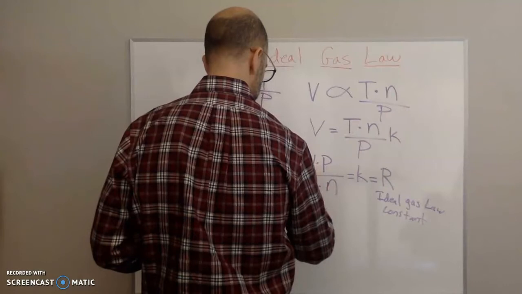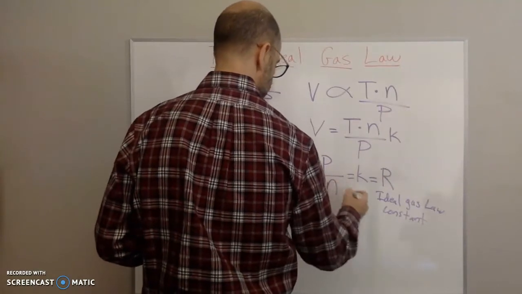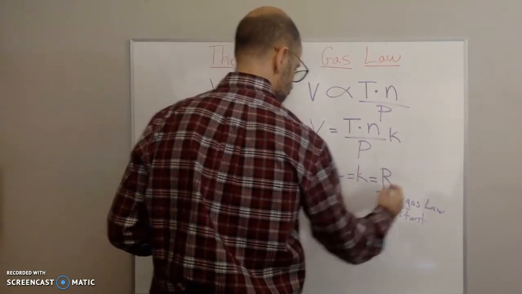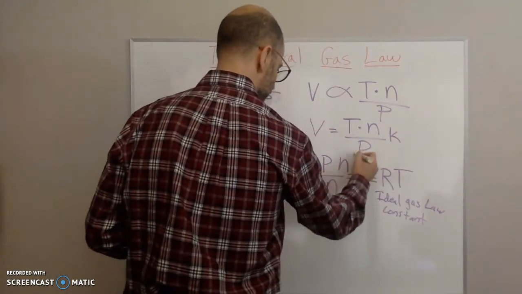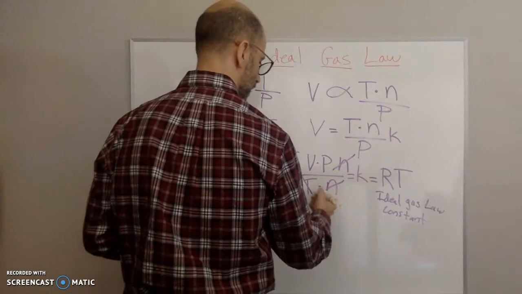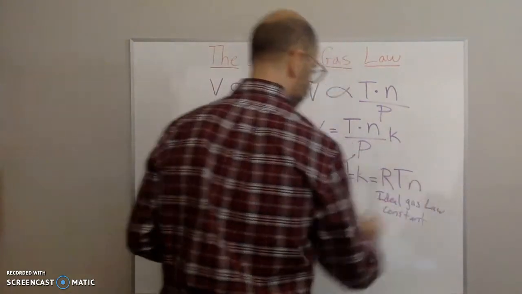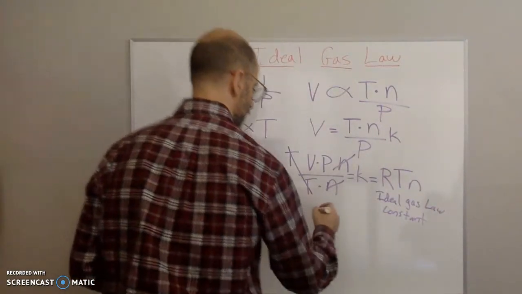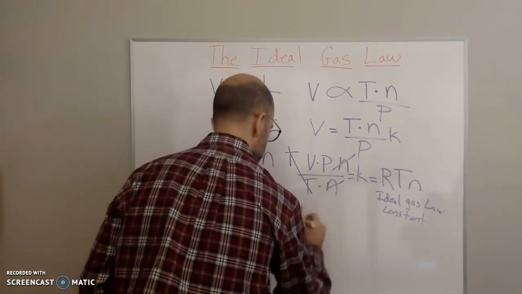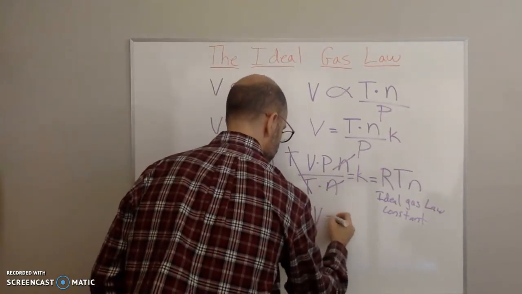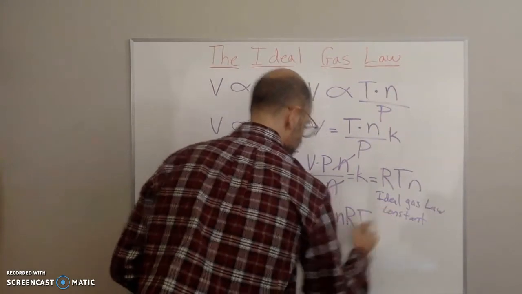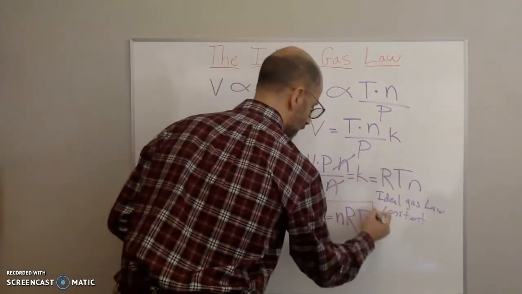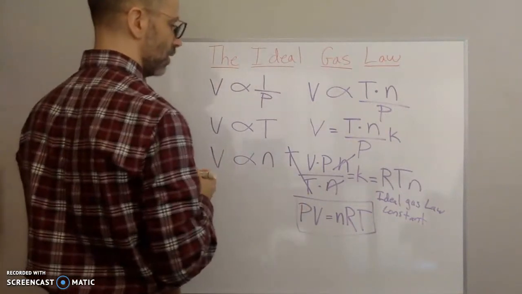If we multiply both sides by T, the T's cancel out, and we have T on this side. We multiply both sides by N, we get rid of N, and we put N over here. So the ideal gas law is written as PV equals nRT.